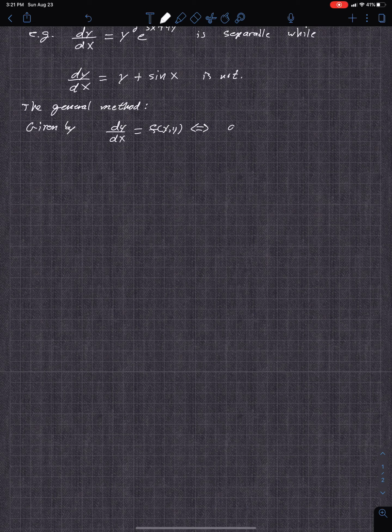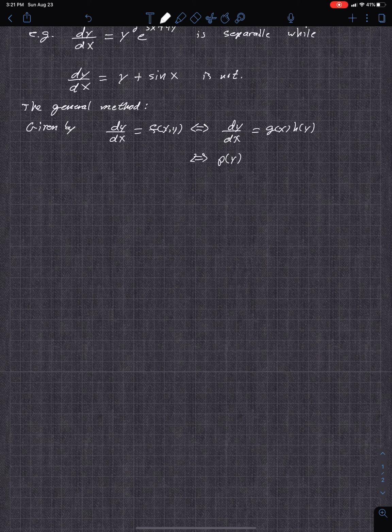You separate it out algebraically into two separate functions, g of x and h of y, and then you multiply or divide on both sides to get dy on one side and dx on the other.